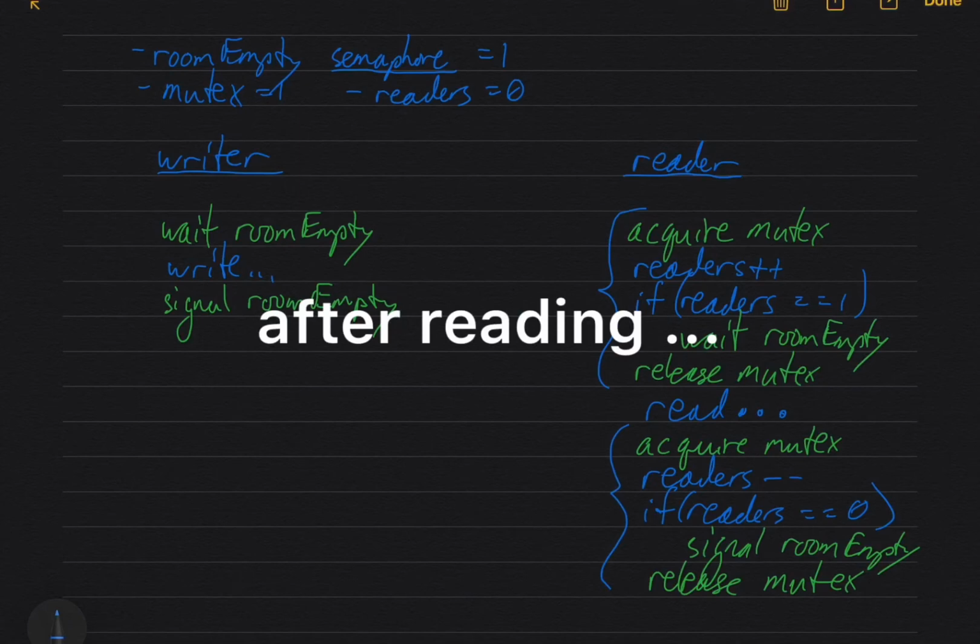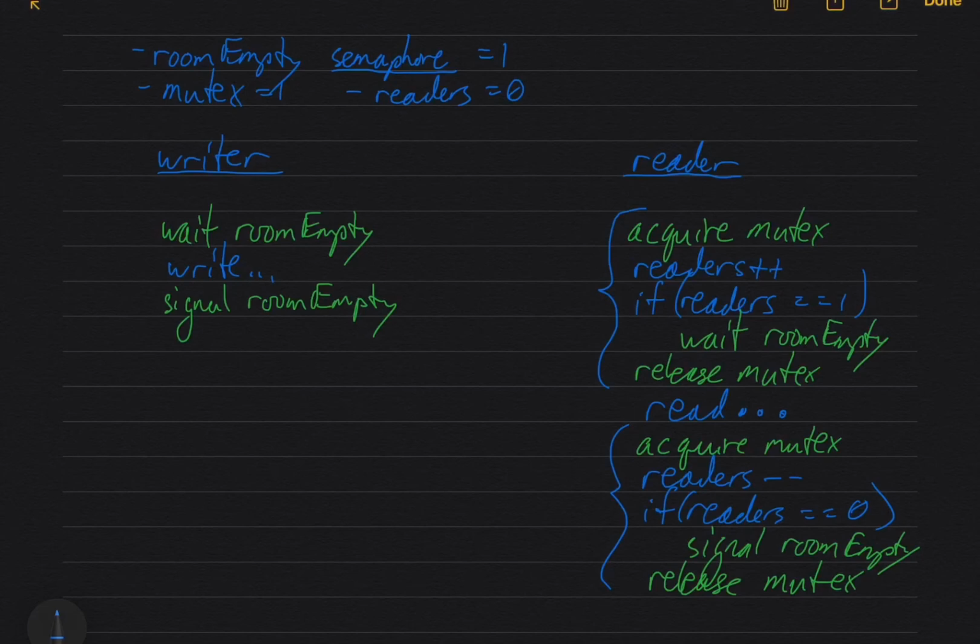So let's just say the second reader comes along. So the first reader went through the steps of waiting on room empty. So room empty is now 0. And so the second reader comes along before that first reader leaves the room. It'll increment readers after acquiring the mutex. So it'll see that readers is not 1, and it'll be 2. So it won't wait on room empty. So it's not the only one in the room. It will release the mutex.